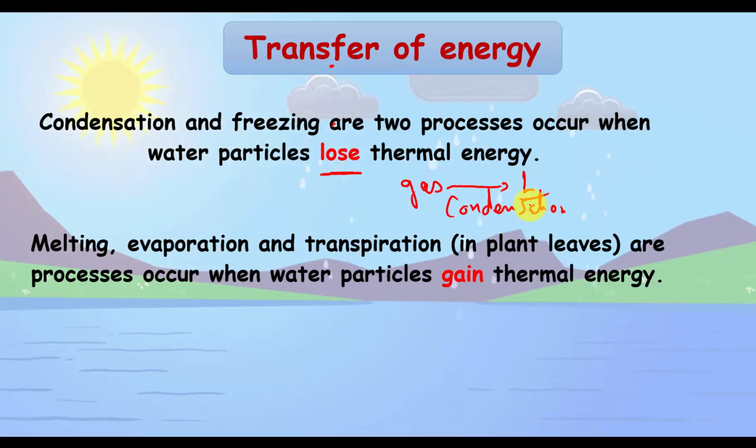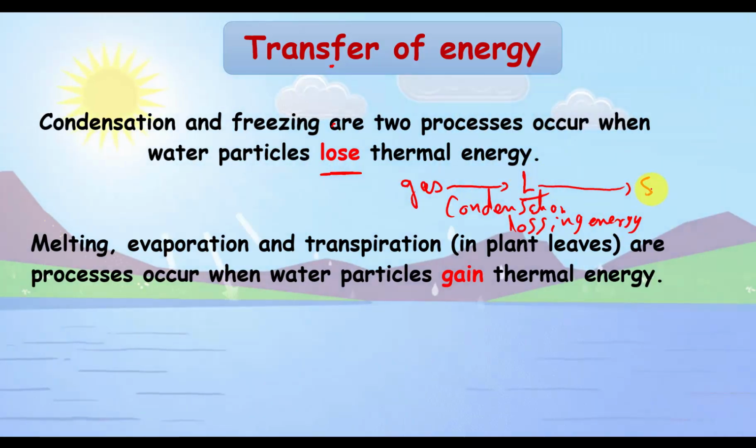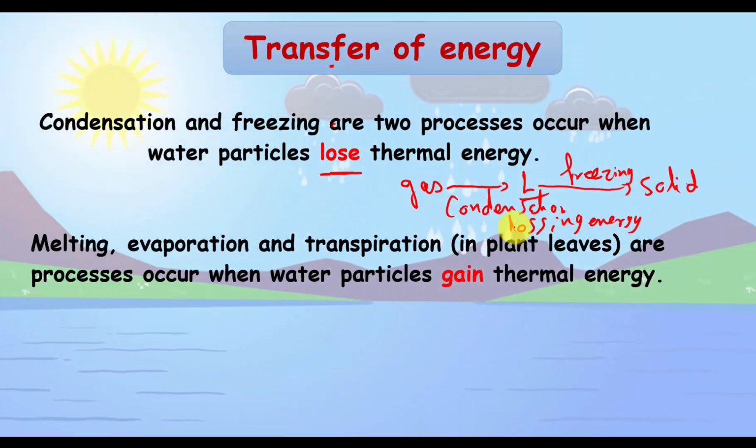And this condensation is accompanied by losing energy. Yes. And when this liquid transfers into solid, yes, we call it freezing. And it is also accompanied by losing energy. So condensation and freezing are combined with losing thermal energy.